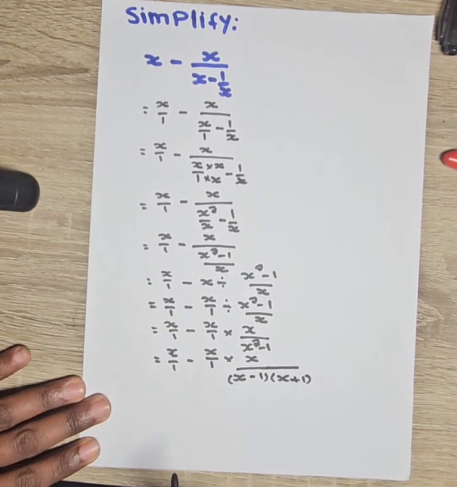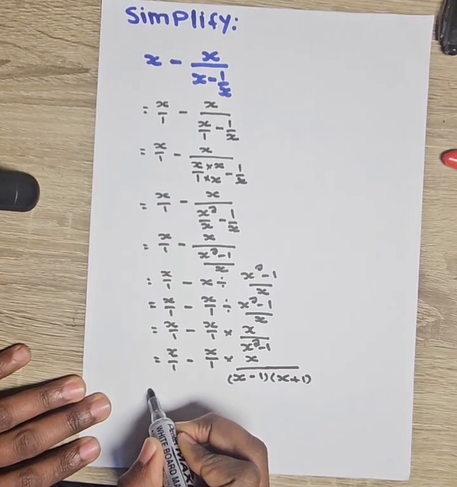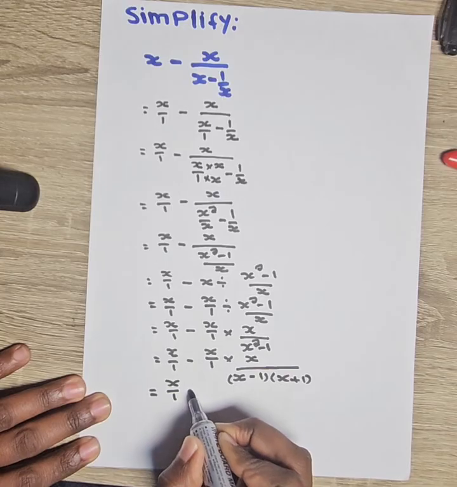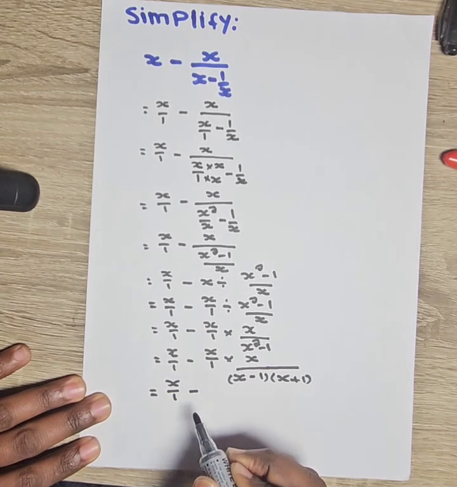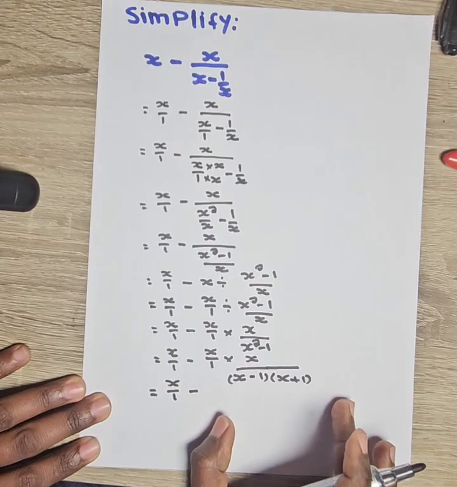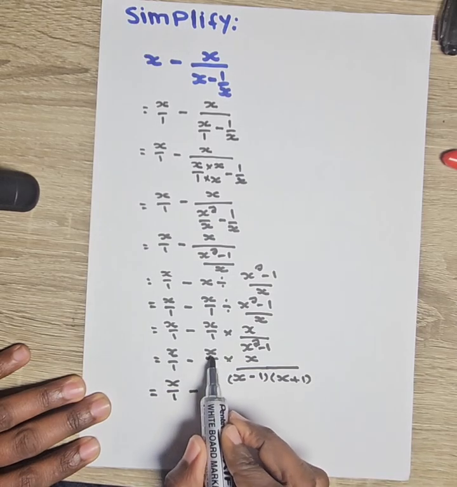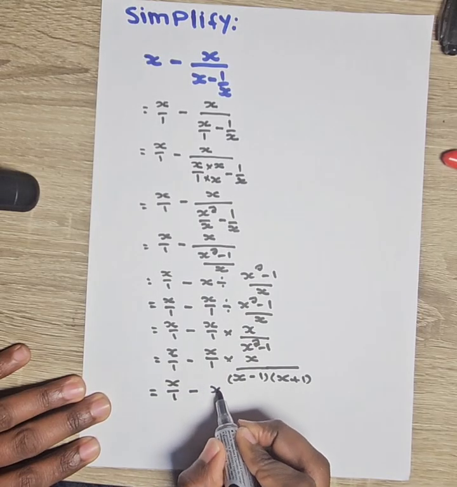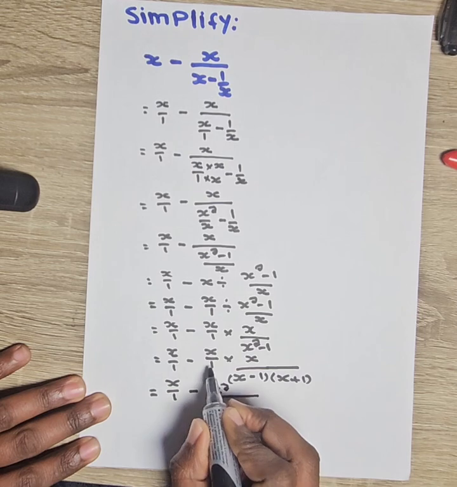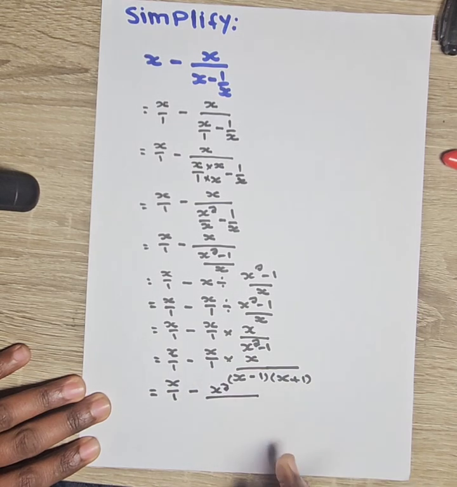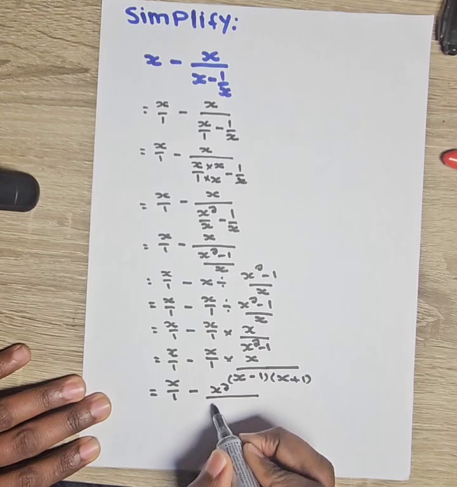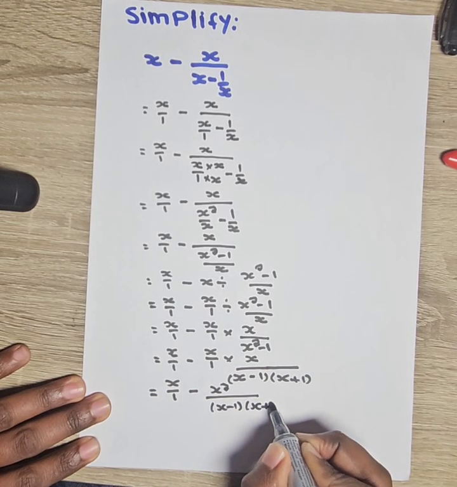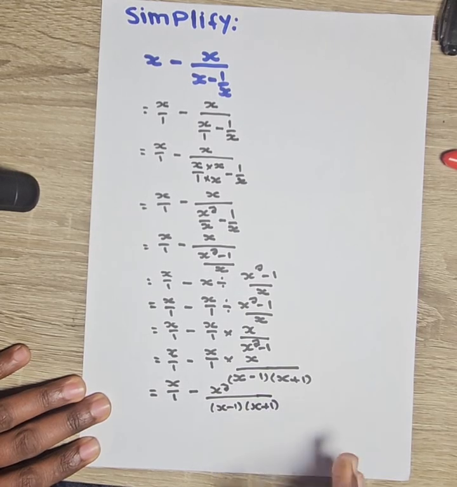Well, now continue. This equals x over 1 minus, we don't see anything to cancel, so we multiply the tops and multiply the bottoms. x times x is x squared, and 1 times the 2 brackets of x minus 1 times x plus 1, which will give me just my 2 brackets, because multiplying by 1 changes nothing in mathematics.